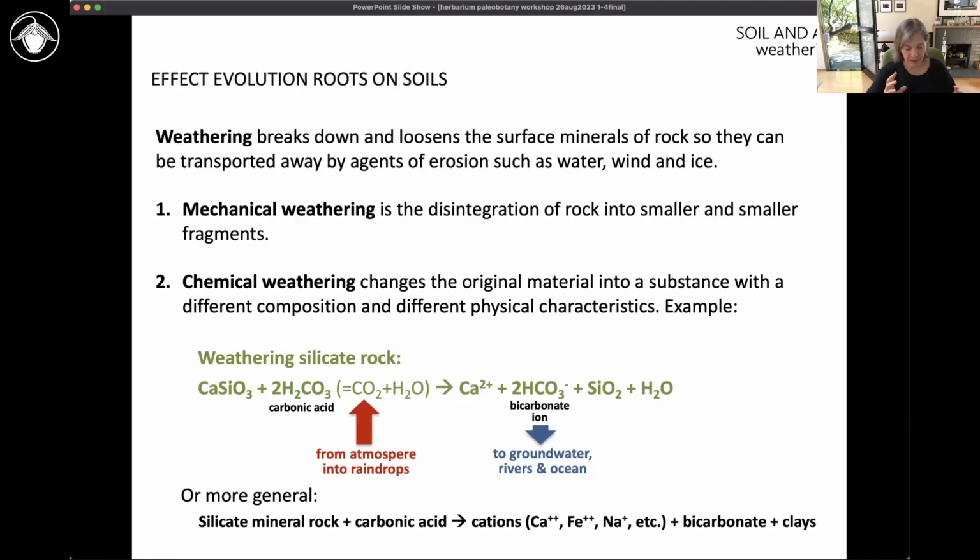And plants increase chemical weathering on the landscape a lot in different ways. They produce acids with their roots that chemically weather rocks. They produce organic material. If leaves fall on the ground or trees fall on the ground, they start to rot.